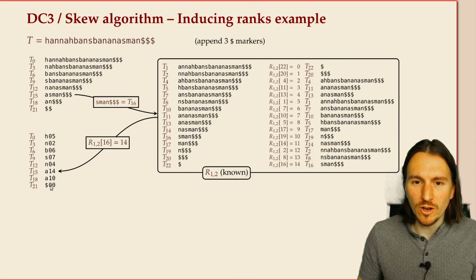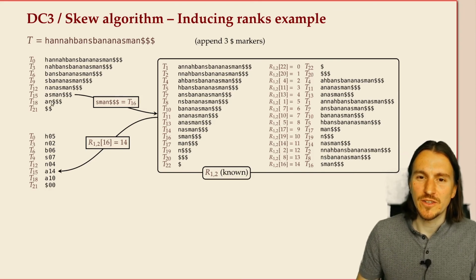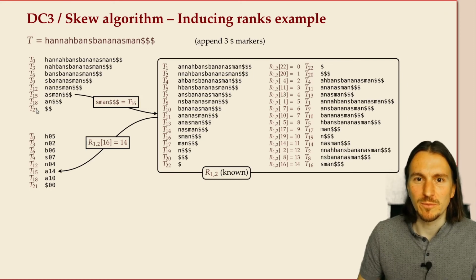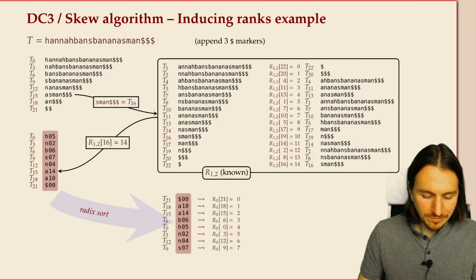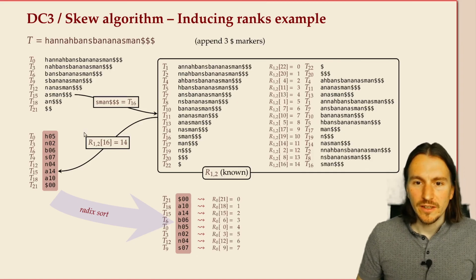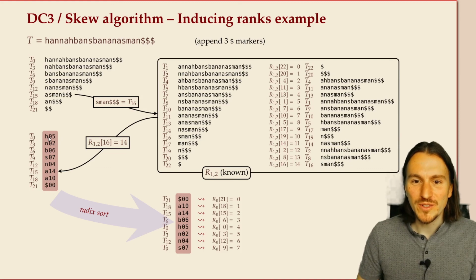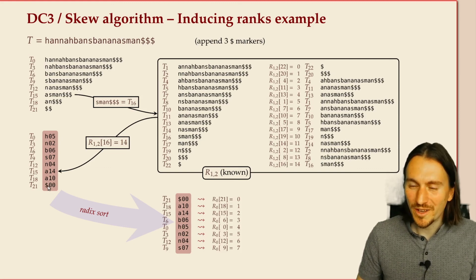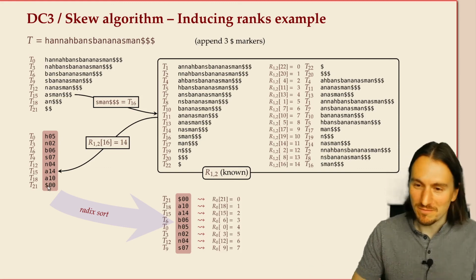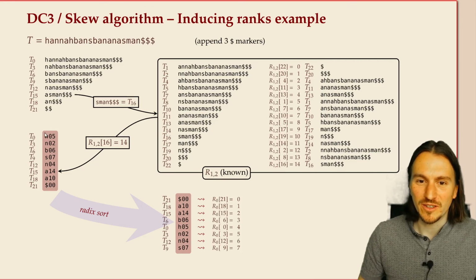And we do that for all the suffixes that start at multiples of 3. Then we use radix sort to sort these in linear time, because they now consist of one character. If the alphabet is bounded, it's even a constant size, so this is very easy to sort.